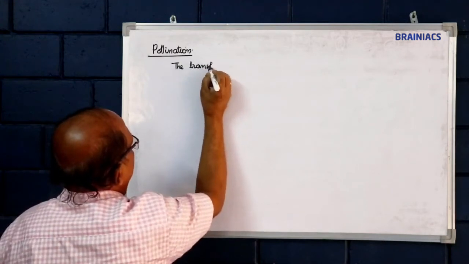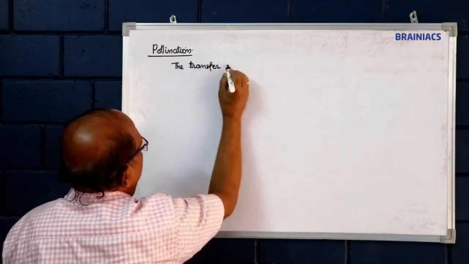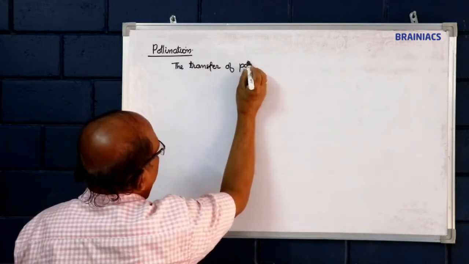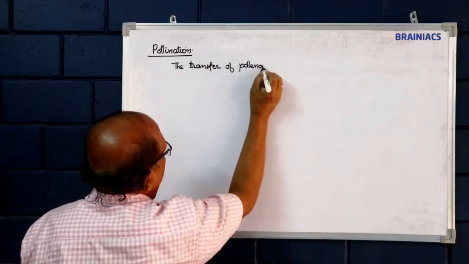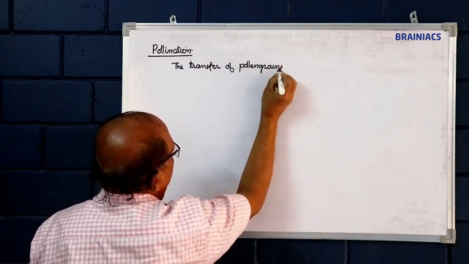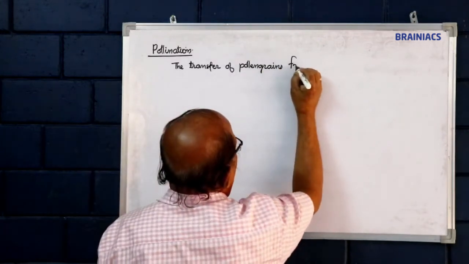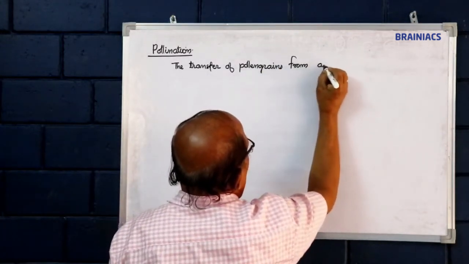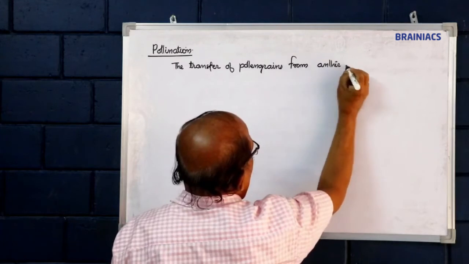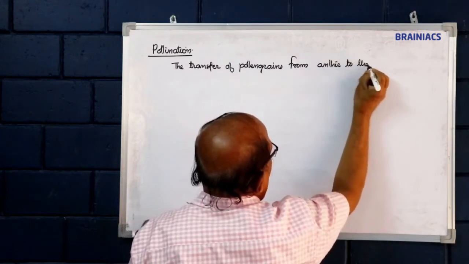Pollination is the transfer of pollen grains from anther to the stigma.